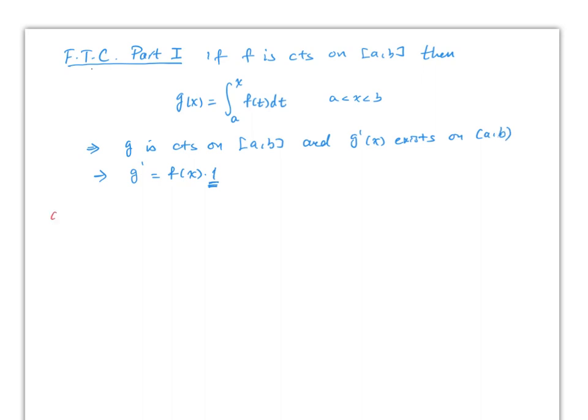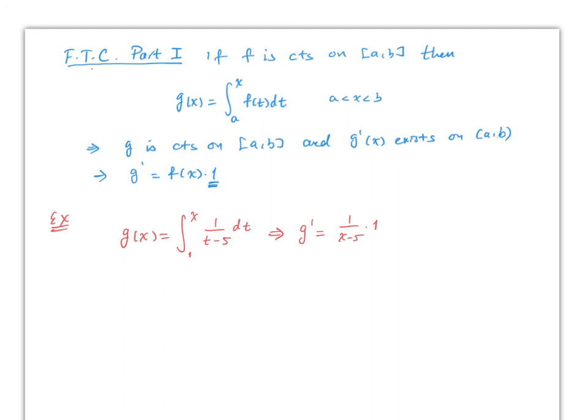For example, let's say that g of x is defined as the integral from 1 to x of 1 over t minus phi dt. Okay, so therefore g prime is going to be equal to 1 over x minus phi times the derivative of x, which is 1, and that's it.